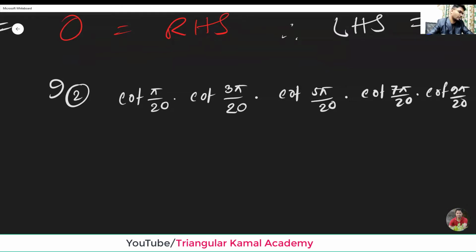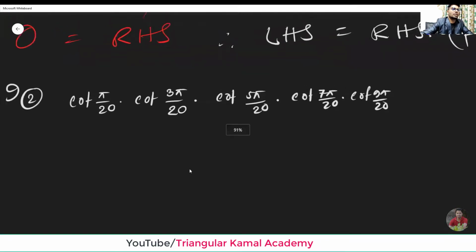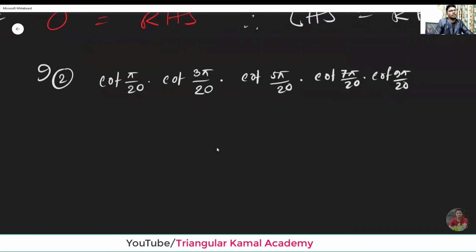So just find the value of this one. Cot 1 pi to 9 pi, all are odd number, that means odd times of pi is increasing here.